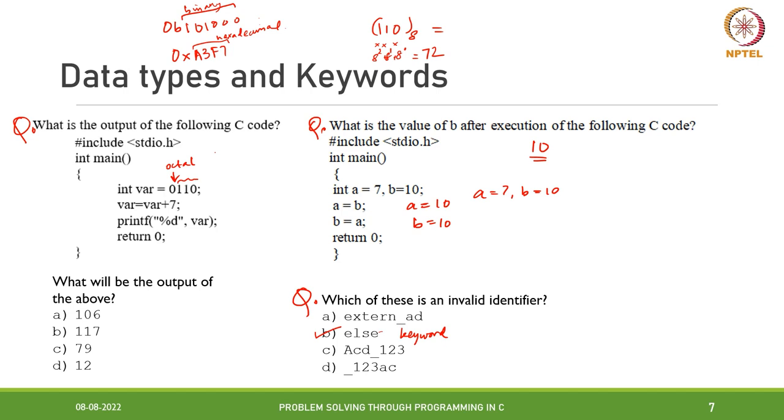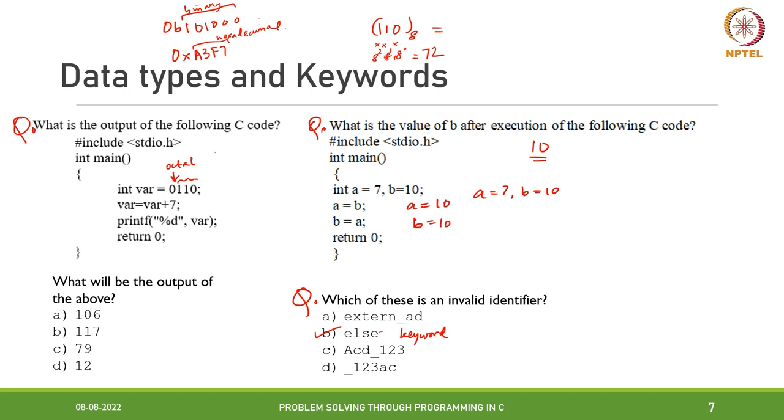So now, to do this calculation plus 7, for you to evaluate, the computer will convert it to binary and do the operation, but we can understand decimal, so we'll convert it to decimal first. 0110 is what is written. The 0 means it's octal. Now 110 is the octal number. It has a base of 8. Now we have to convert it to a base of 10.